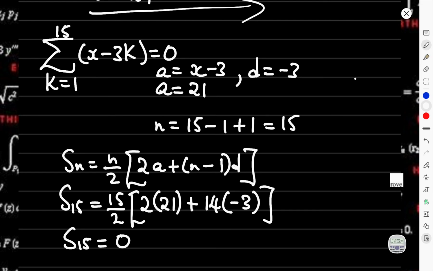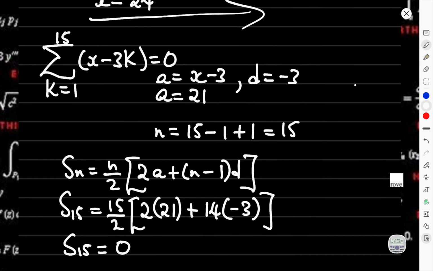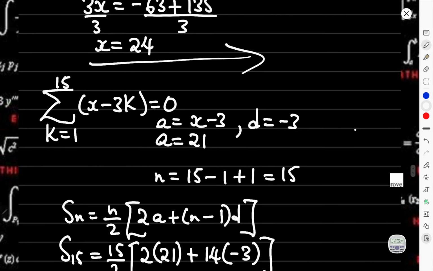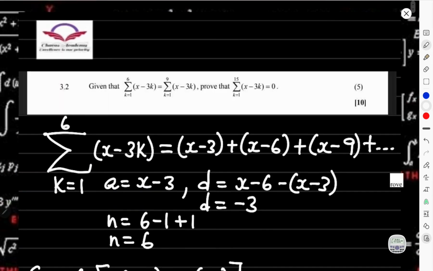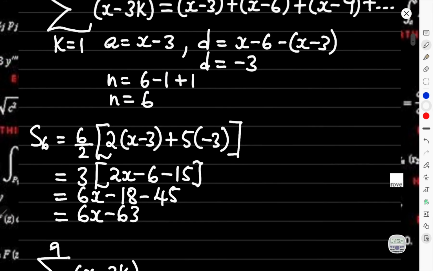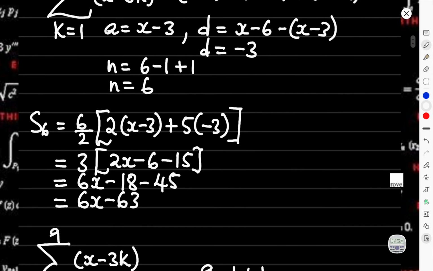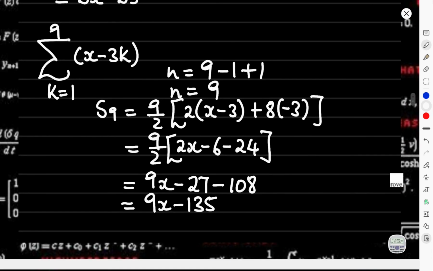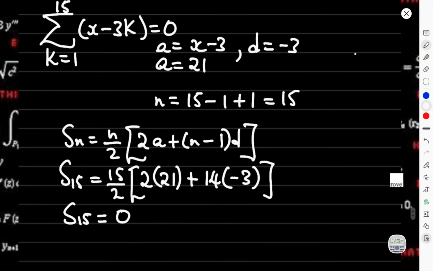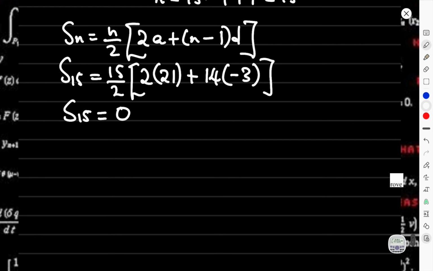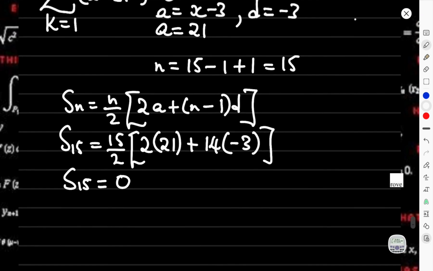And indeed, S of 15 is 0. The question was so interesting because it wanted one to work from the beginning, make sure you understand, until solving for x, then until S of 15 became 0, as what you were required to prove.